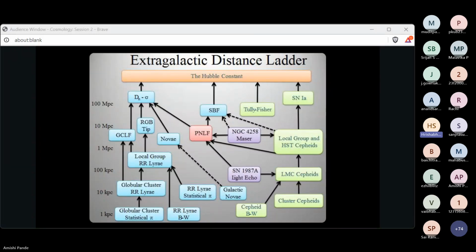You need not focus a lot on this, but it is sort of important. Do you see the green box at the very rightmost end? SN1A. The SN1A, the supernovae data, is something that we will be interested in, because the supernova is used at the 100 megaparsec scale, which is the scale at which our assumption of the cosmological principle is truly valid.